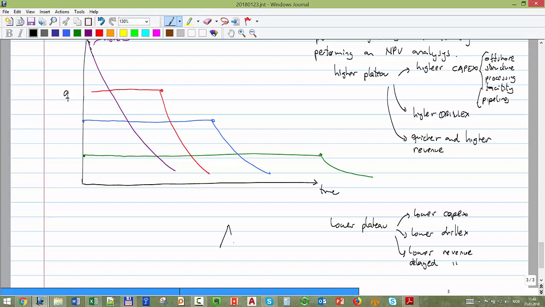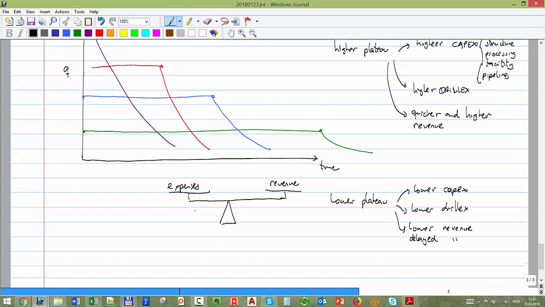If you put these two things in a balance, you have the revenue, and then you have the expenses. Okay, and you have to find a point where I can maximize my revenue and minimize the expenses. And that I can only do by making sensitivity analysis.